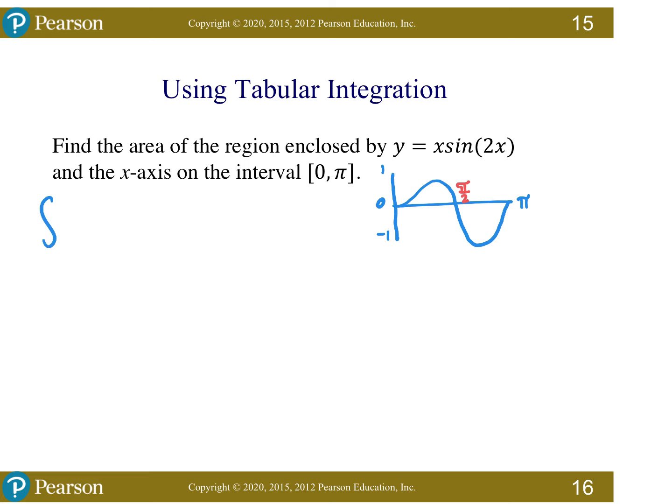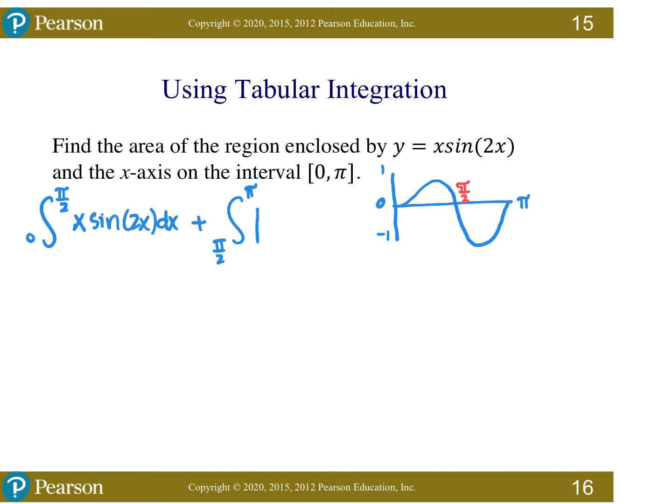One integral is going to go from 0 to pi over 2, and we'll be doing x sine 2x dx. And then we've got pi halves to, or excuse me, to pi.